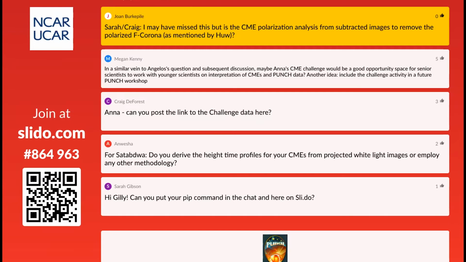So although the F corona is 100 times brighter than the K signal, especially in the outer reaches of our field of view, we can subtract it to within something like 1 part in 10^4, and that gets us down to a range where we can do 1% or a few percent polarization measures of the K as it propagates out.